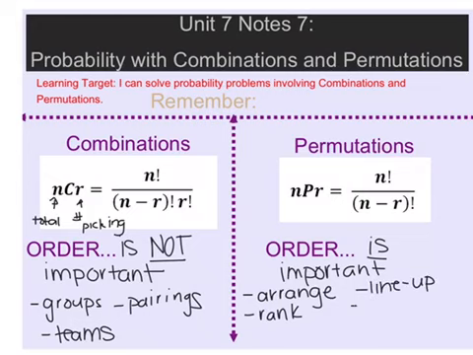If you're talking about a placement, like first, second, third, or different jobs, like a president, a vice president, and a treasurer, order matters. So we're looking at a permutation, which is nPr, which gives us n factorial divided by n minus r factorial. N and r are still the same: n is the total, r is the number we're picking.